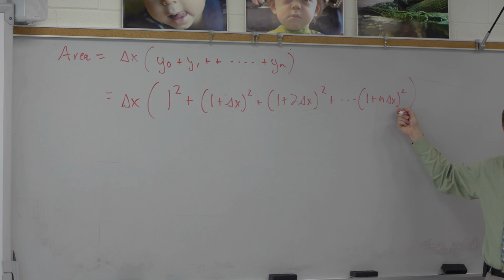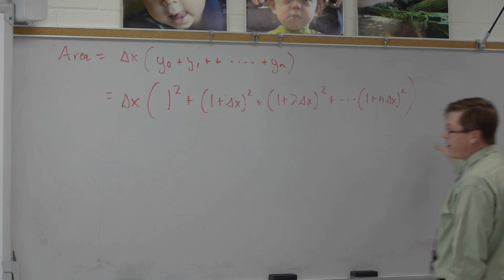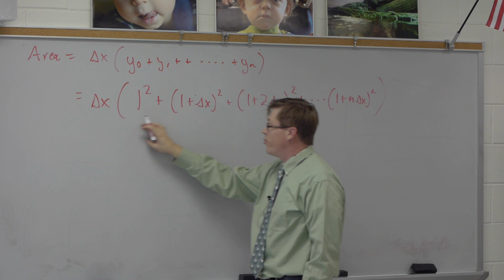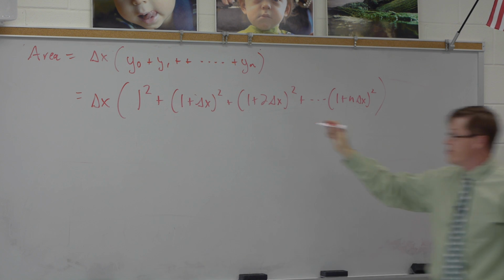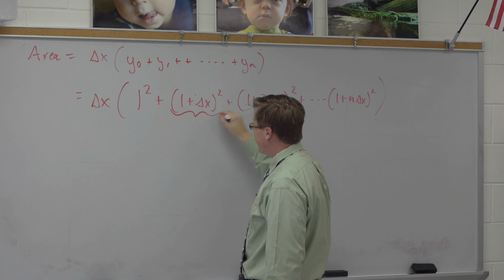Now, why is this expression more complicated than last class? I can't just pull out a delta x, right? And I don't have just the sum of the squares left over. So if I were to continue with this approach, pretty much the only thing I could do is actually multiply each of these things out.